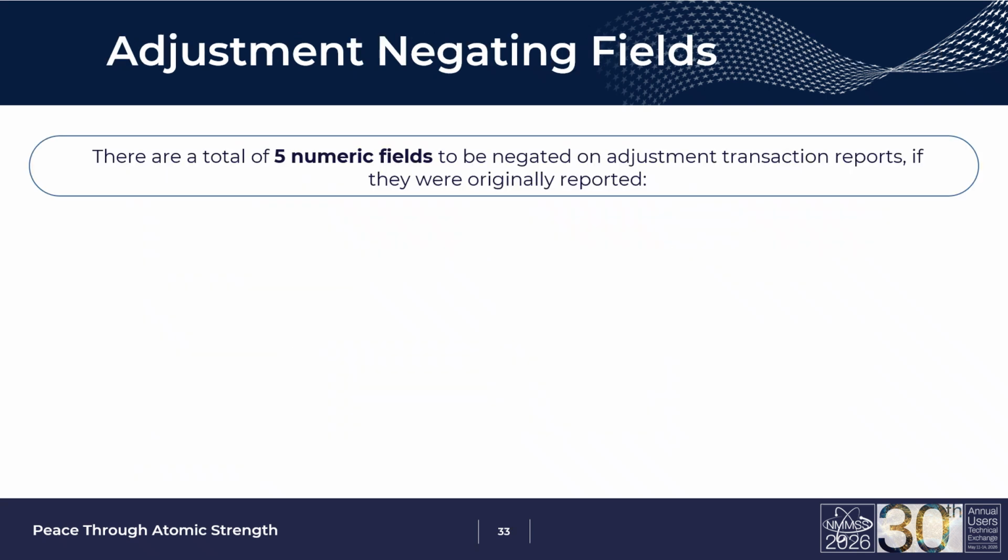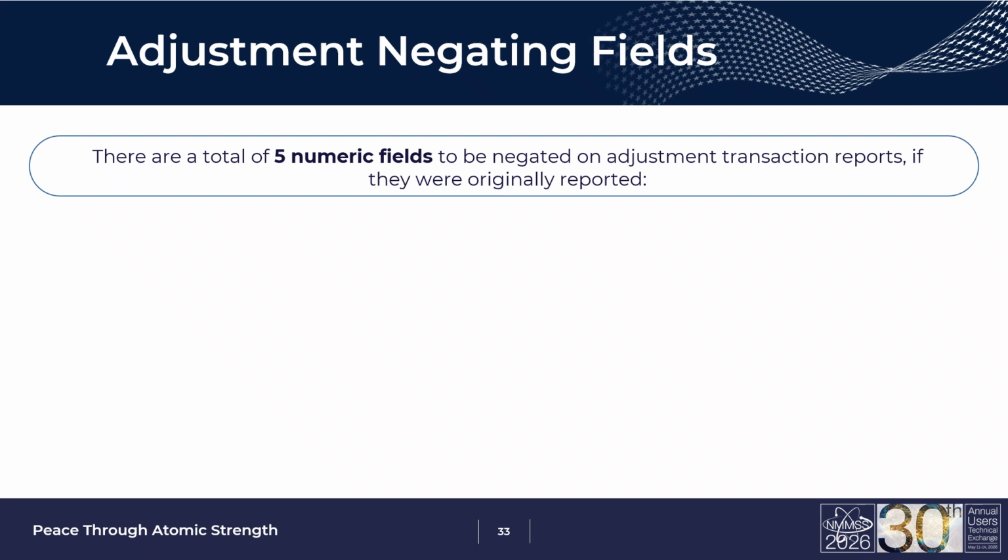There are several cases for adjusting a DOE NRC Form 741 where fields within the form will need to be negated. This negation is mathematically removing the quantities of material originally reported. There are a total of 5 numeric fields to negate on an adjustment transaction report if they were originally reported.